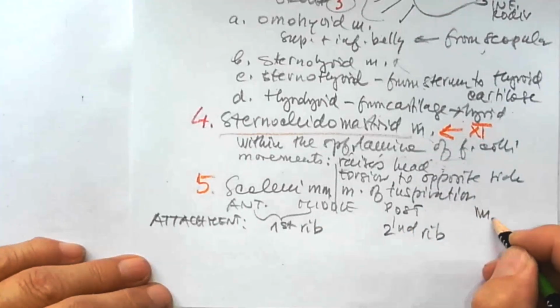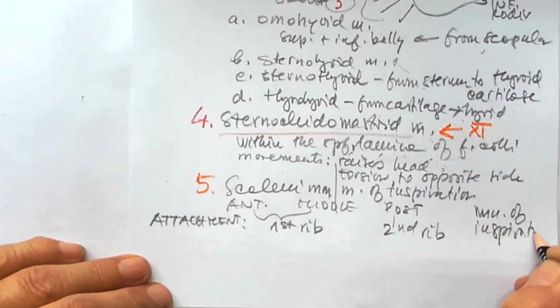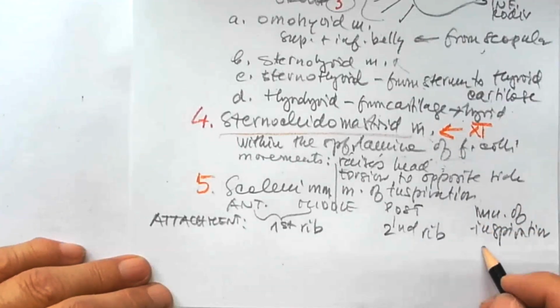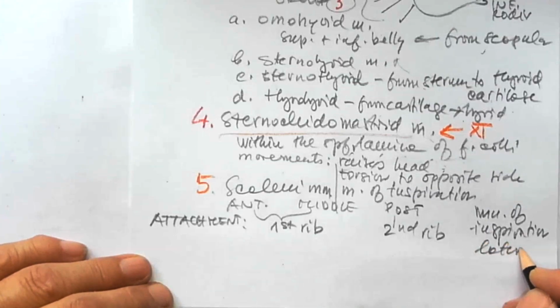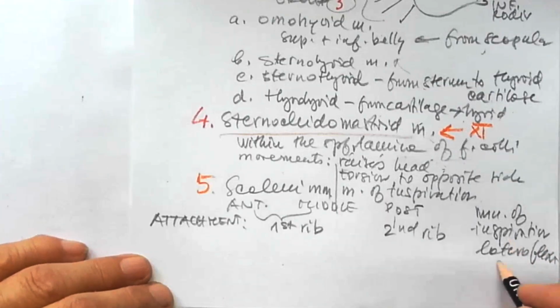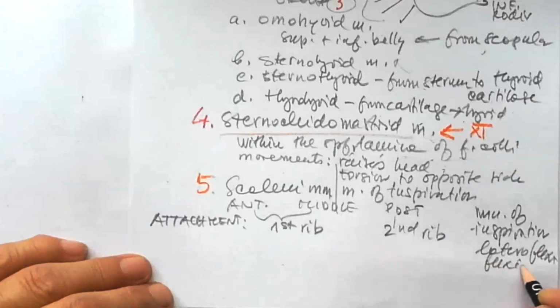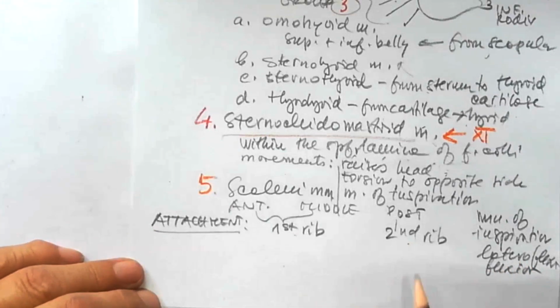They are muscles of inspiration, and also responsible for the bending: lateral flexion, then also flexion anteriorly, and also torsion definitely. Attachment first and second rib.